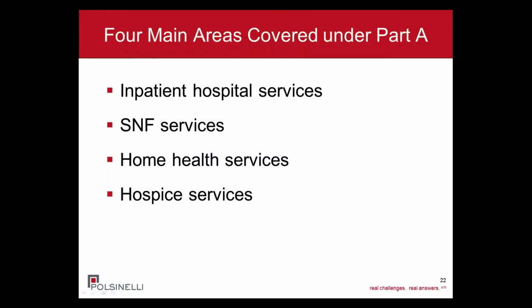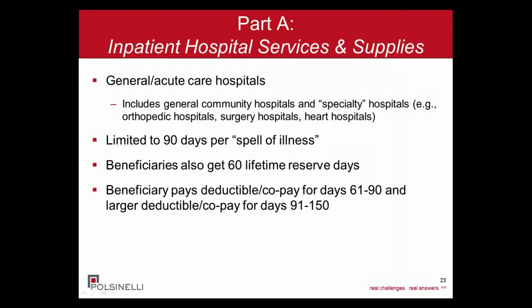And so there are basically four main areas that are covered under Part A that we'll talk about: inpatient hospital services, skilled nursing facility services, home health services, and hospice services. And while they're all covered under Part A, each of them have their own payment methodology and requirements. So starting with inpatient hospital, when we talk about inpatient hospital services and supplies, we are generally talking about general acute care hospitals.